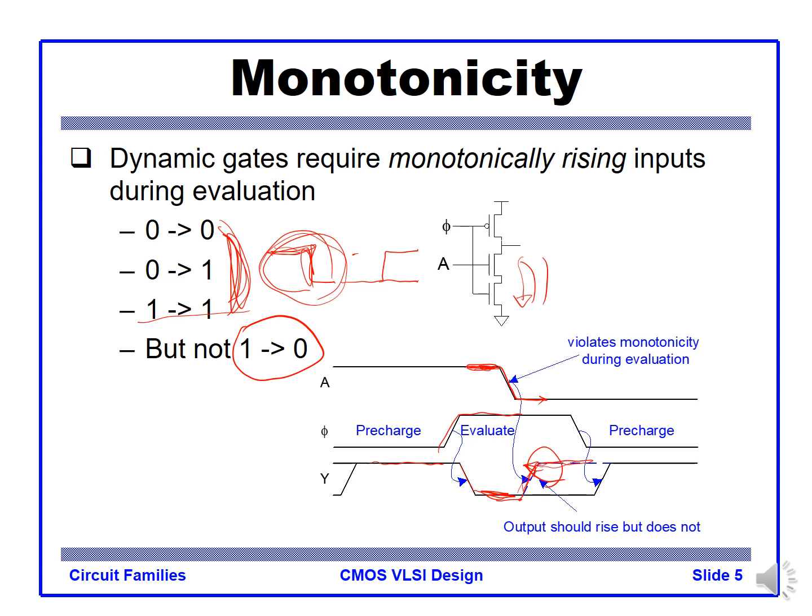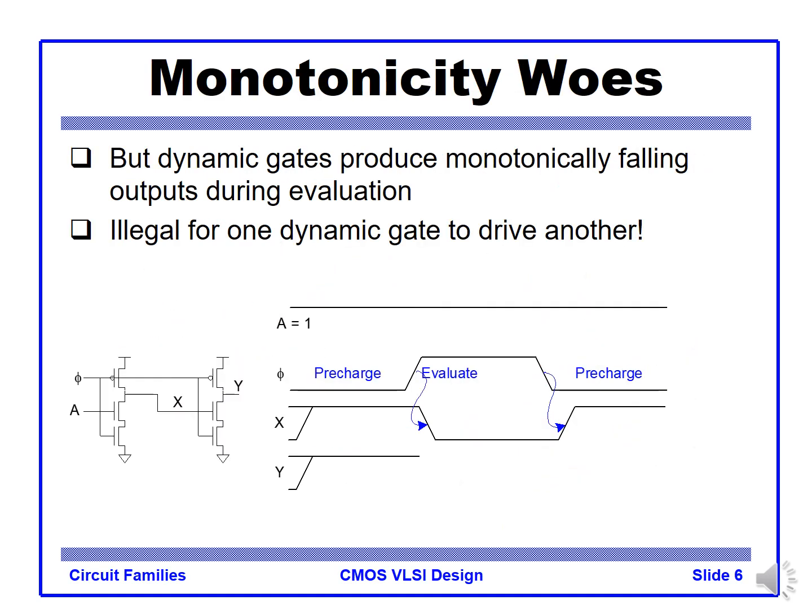Let's see, if we just cascade that kind of dynamic logic, then what will happen? Let's see that first. Let's say we cascade two inverting stages of dynamic logic. Assume the output is high. That's the pre-charge, and then the evaluation signal comes in.